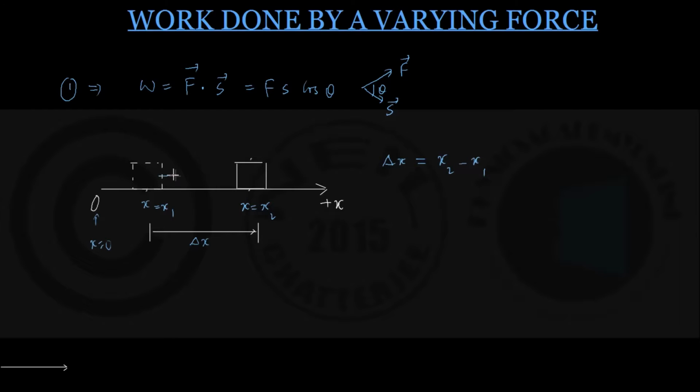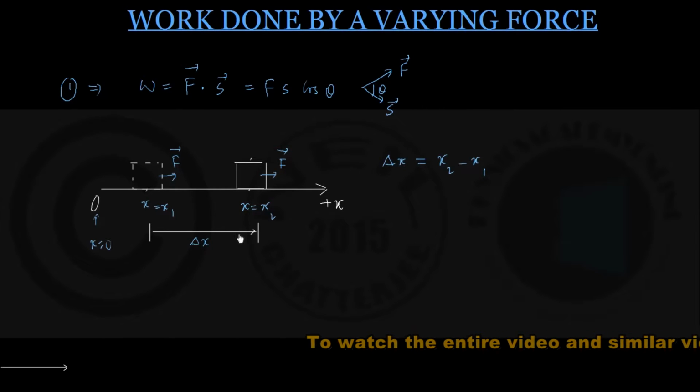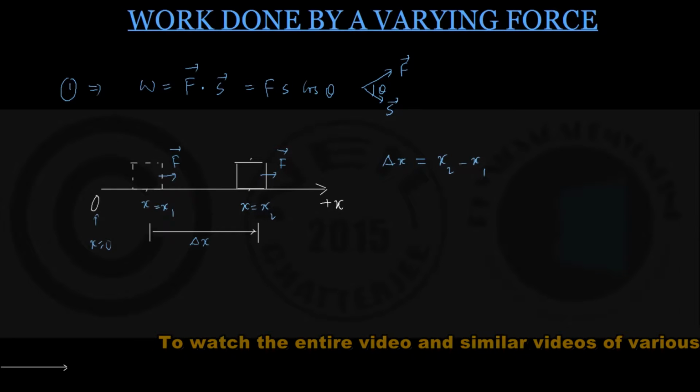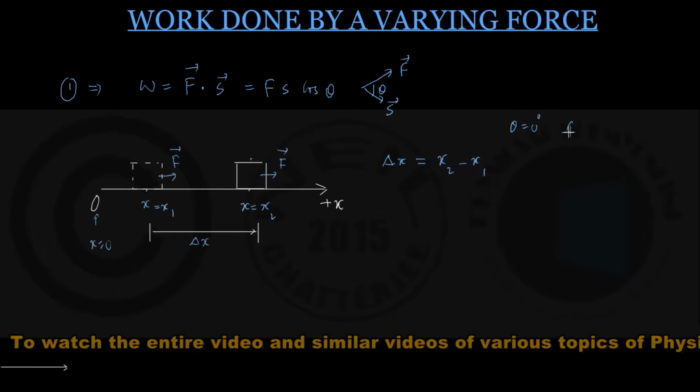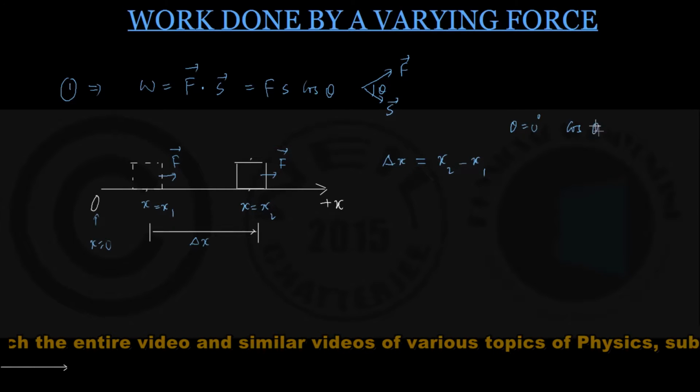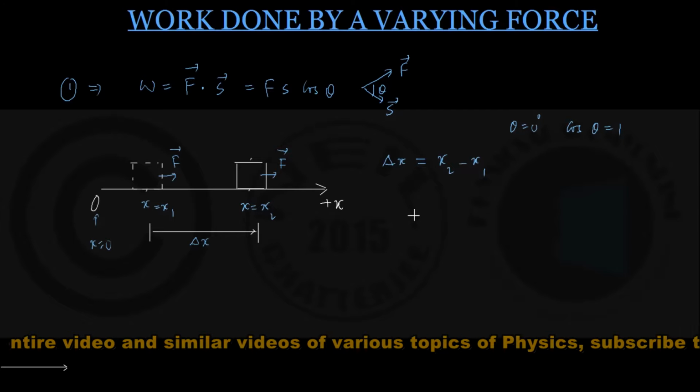If the force acting on this block remains constant in magnitude, of course direction is constant because the force is acting in the plus x direction, the same direction as displacement, then obviously the theta here is 0 degree and cos theta is 1 between the force and displacement vectors.